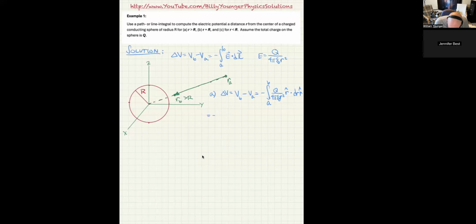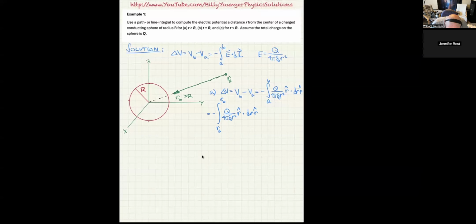So now I'm going to write the integral from R sub A to R sub B of Q over 4 pi epsilon naught r squared r hat dot dr r hat. But the dot product, of course, is a linear operator, so we can pull the q over 4 pi epsilon naught r squared.